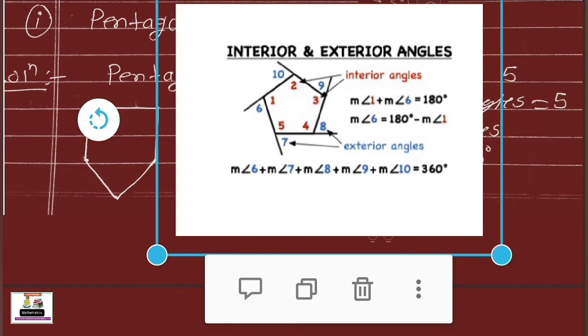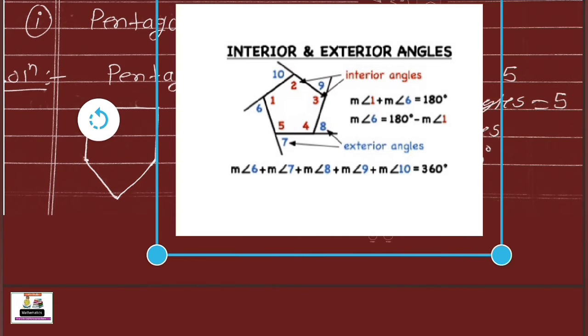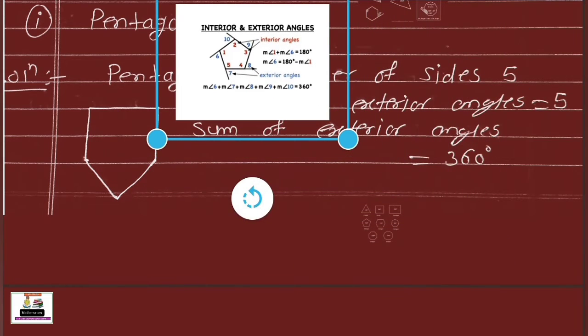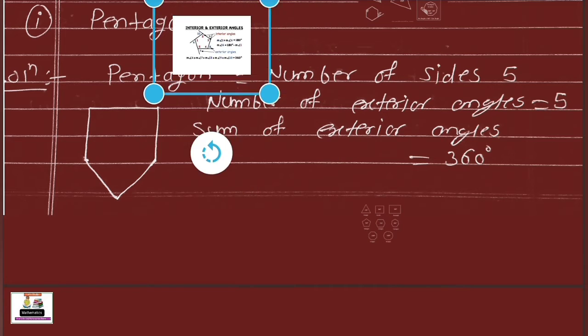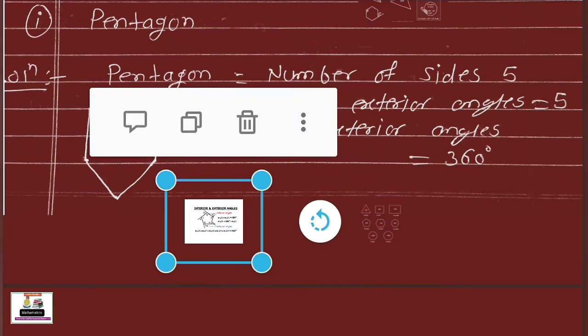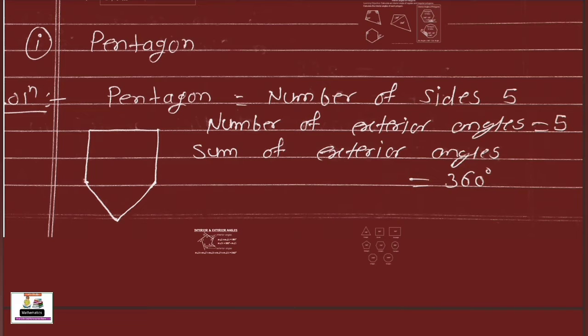Remember this formula. And the sum of the exterior angles is 360 degrees. Last step, measure of 6, 7, 8, 9 plus measure of 10 is equal to 360 degrees. By using this formula, we find the exterior and interior angles of this pentagon.